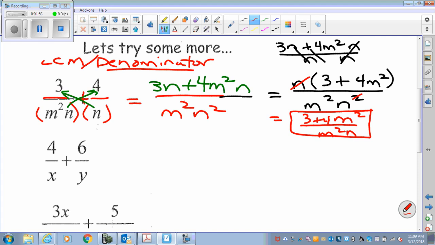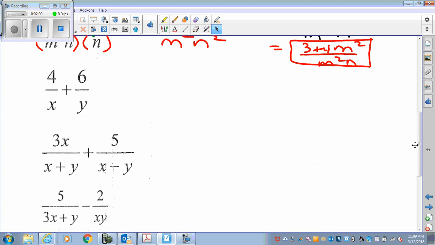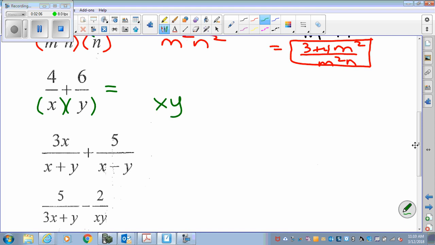And then now I have the next one. I have x times y, so that's my least common denominator, so it'll be xy. And then what I've got here is 4y plus 6x all over x plus y. And there's nothing really I can do with that.